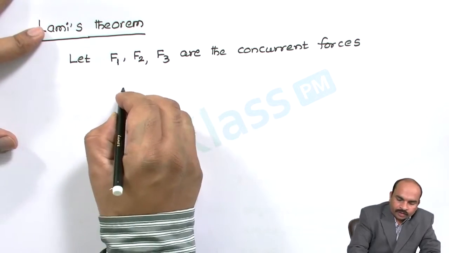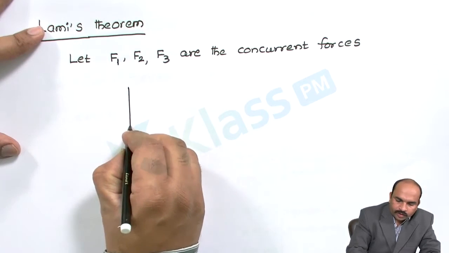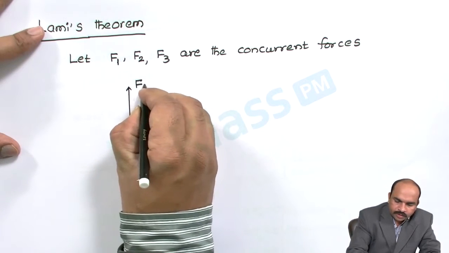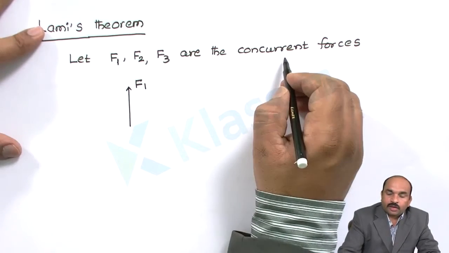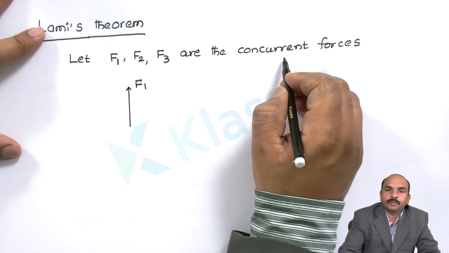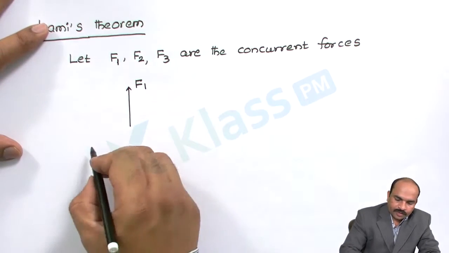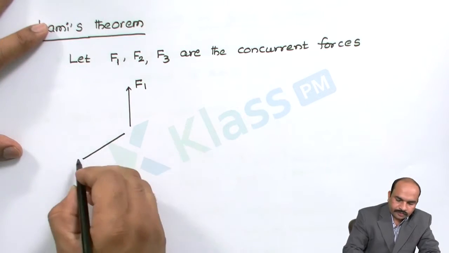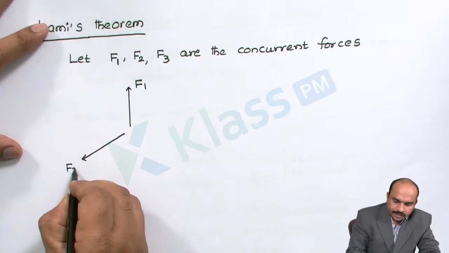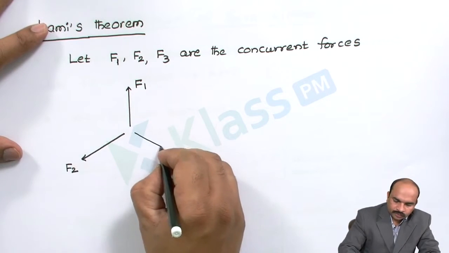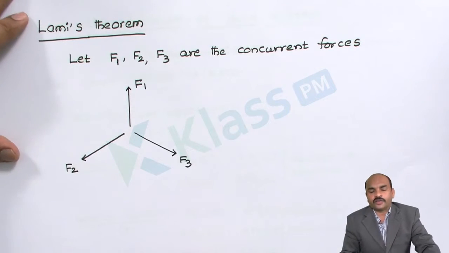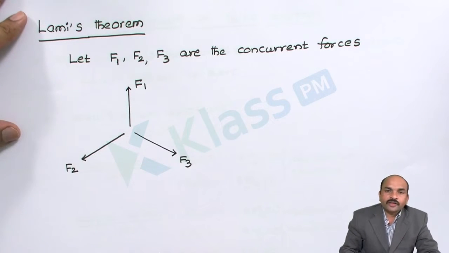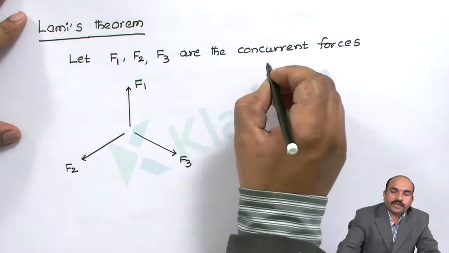Now the force F1 is acting like this, because when I say concurrent forces, all the forces must meet at a common point. Let this be F2 and let this force be F3. So these three forces are the concurrent forces.